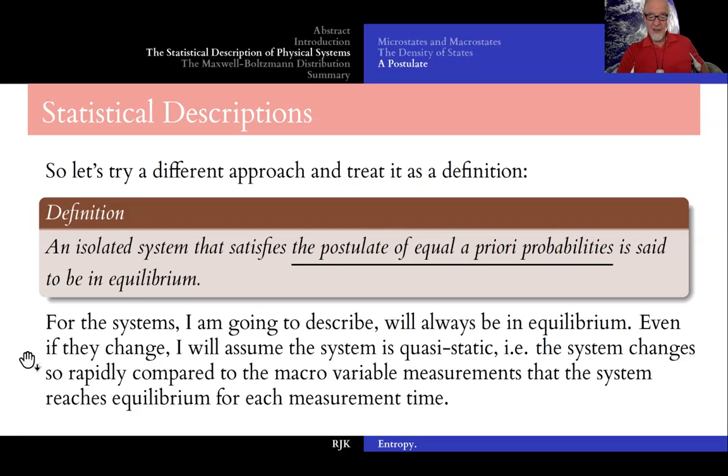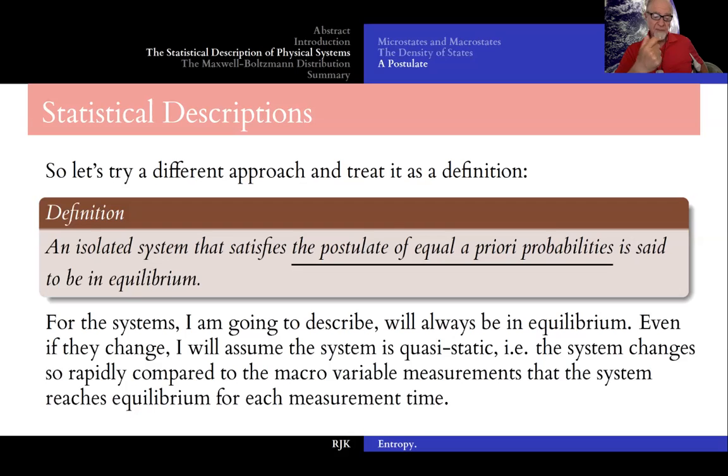For the systems that I'm going to be dealing with, we're always going to be in equilibrium. Even if they change, we're going to assume that the system is quasi-static. That means that the system changes so rapidly compared to changes in the macro variable measurements that the system reaches equilibrium for each measurement time.